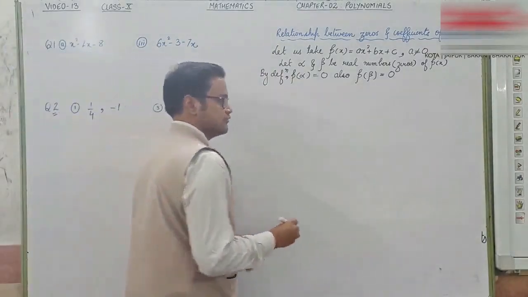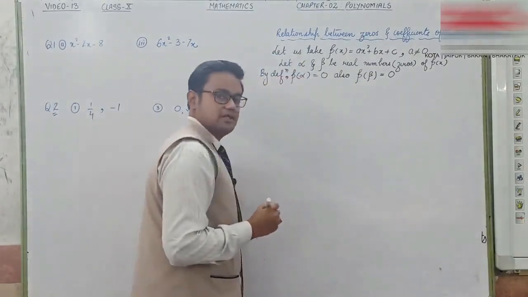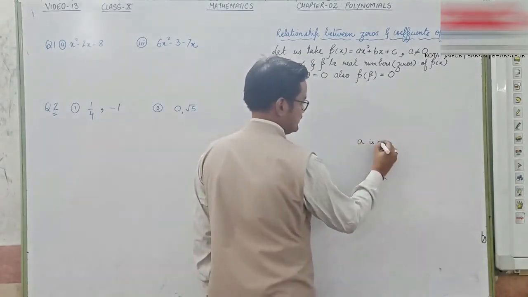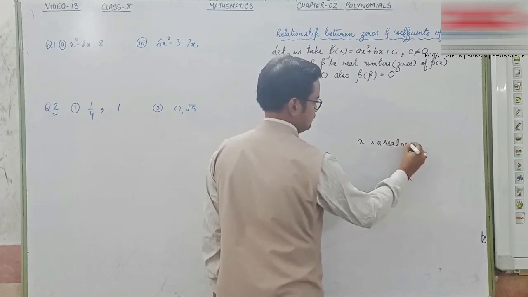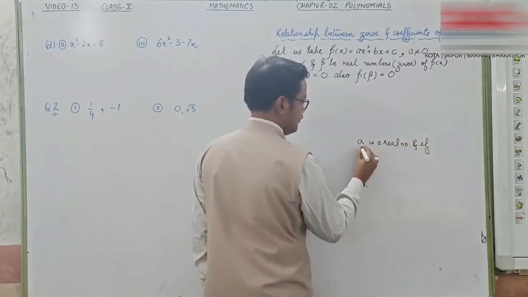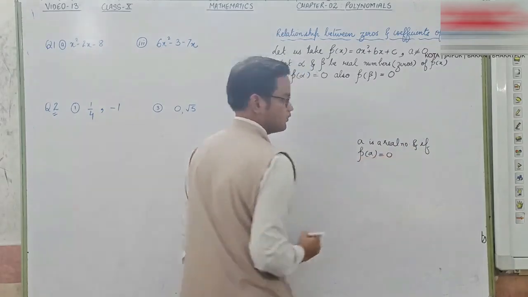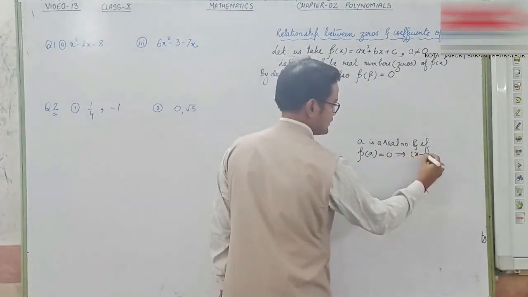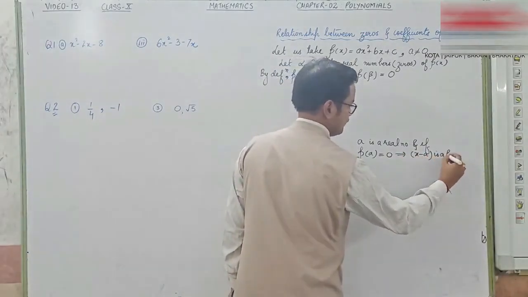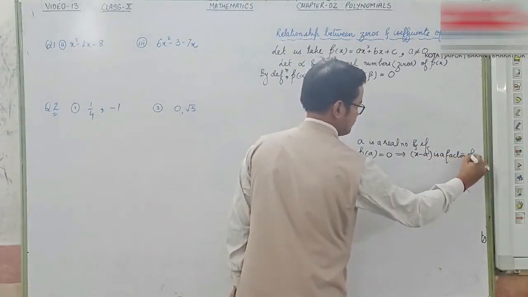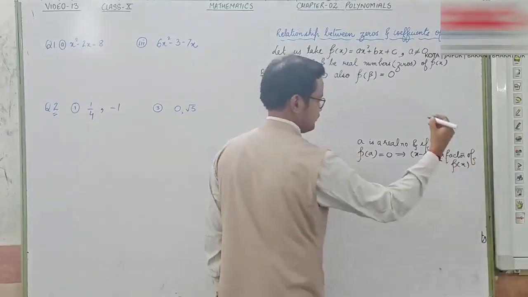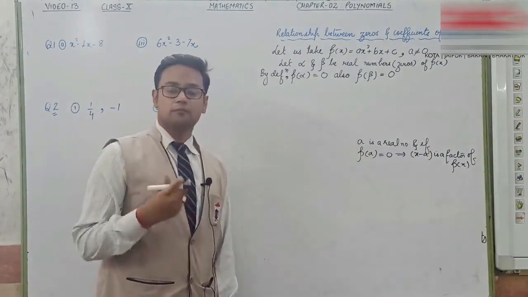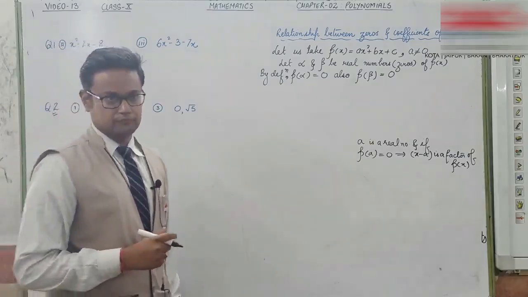Now if you recall, children, the factor theorem of class 9th chapter 2 says that if a is a real number and P(a) is 0, it would mean that x minus a is a factor of P(x), where P(x) is a polynomial of degree 1 or more.